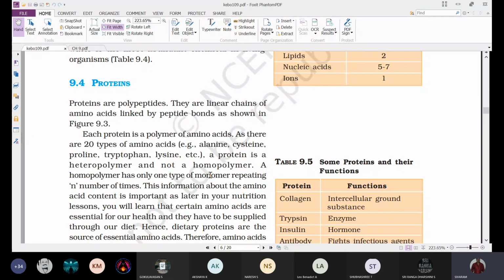Okay, and next, when you observe here, the protein molecule, which is made up of amino acids, is a linear chain of amino acids linked by peptide bonds, as shown in the figure.